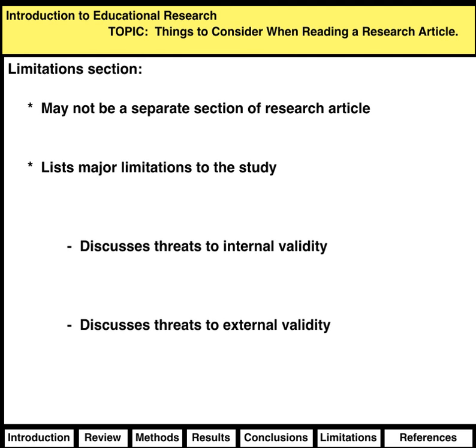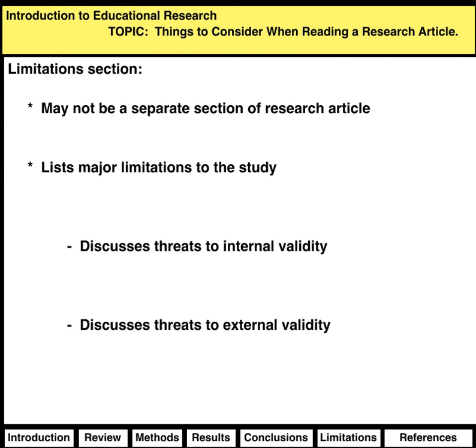Okay, now some research may have a section called limitations, and keep in mind that not all research will contain a specific section called limitations. However, researchers should always mention any limitations that the research may have.